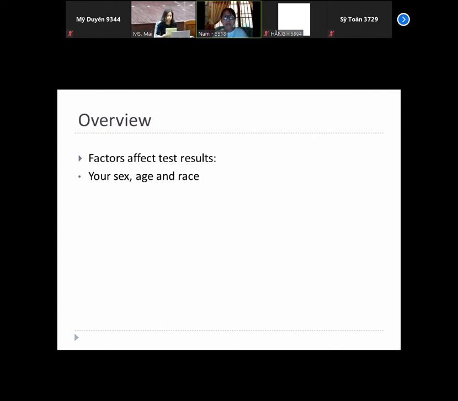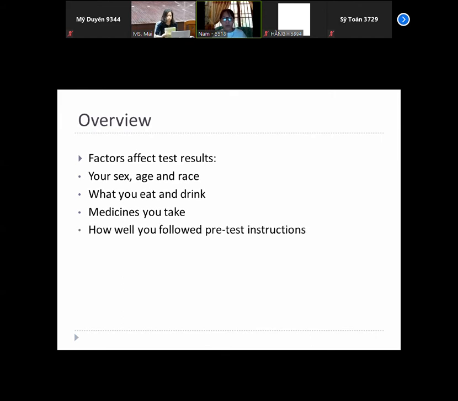About race, it can be exemplified by the difference between Black and Caucasian people. Next are what you eat and drink, medicines you take, and how well you followed the pre-test instructions. Besides these, there are some subjective factors like smoking, exercise, stress, pregnancy, and some objective factors like specimen storage conditions that can affect the results too.